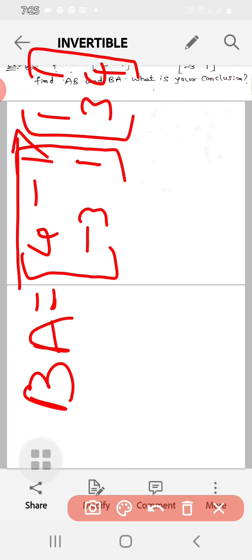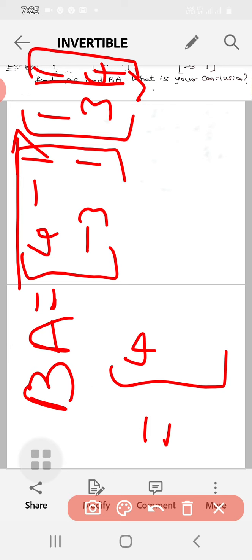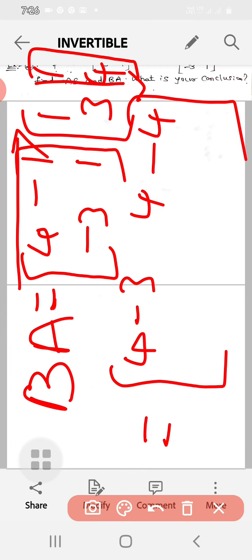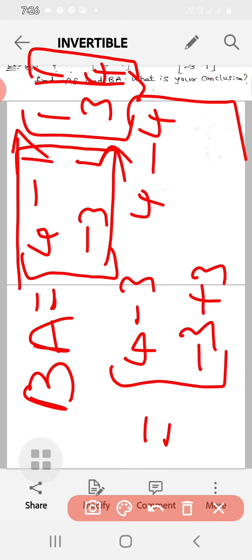Let us start with the first row. First row, first column: 4 into 1 is 4, then minus 1 into 3 is minus 3. First row, second column: 4 into 1 is 4, minus 4. Consider the second row: minus 3 into 1 is minus 3, plus 1 into 3 is 3, then minus 3 into 1 is minus 3, plus 4.